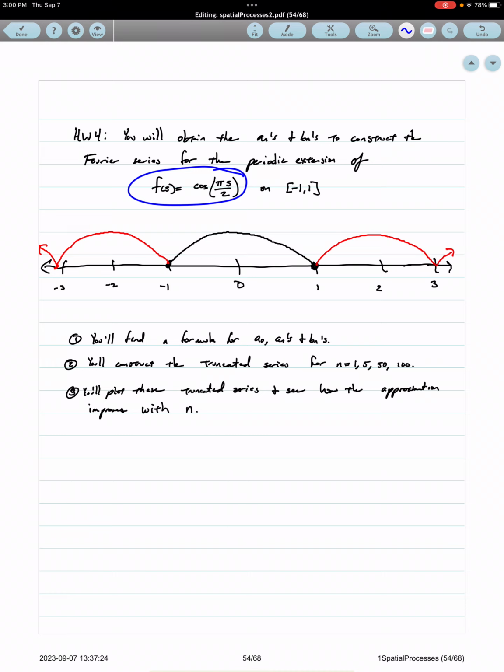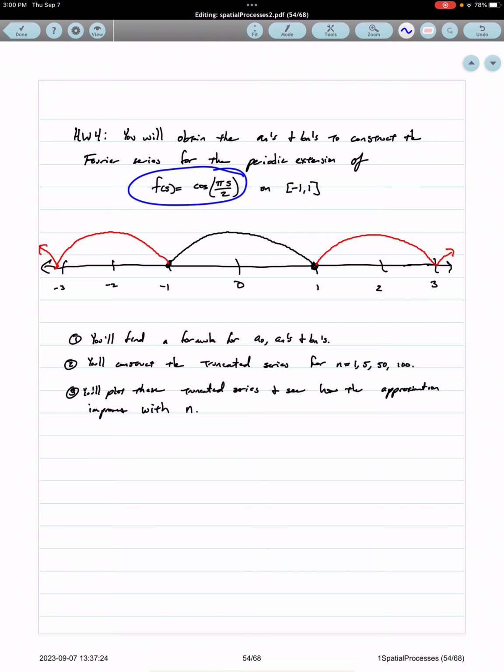If I do the periodic extension of that curve, I'm going to extend this curve, making it periodic, so that's the red bits. And so what we're going to have is this series of hills, but with no valleys that drop below the x-axis.